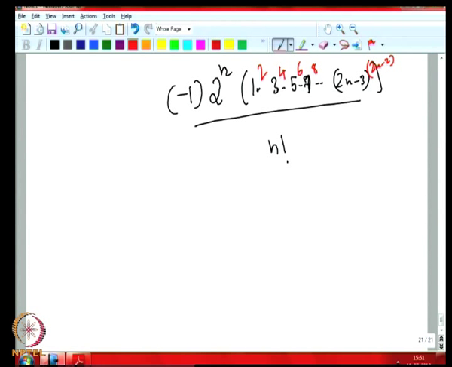That means a total of n minus 1 even numbers I want to introduce. But this 2 is actually 2 into 1, we can write it as 2 into 1. This 4 is 2 into 2.